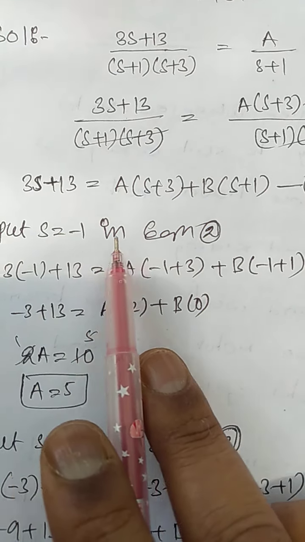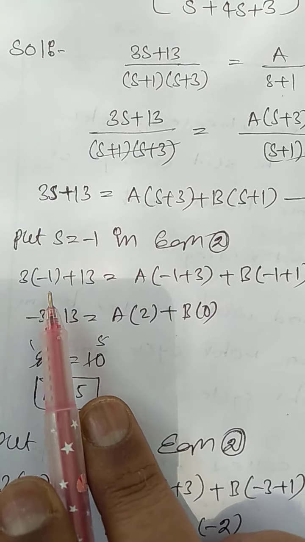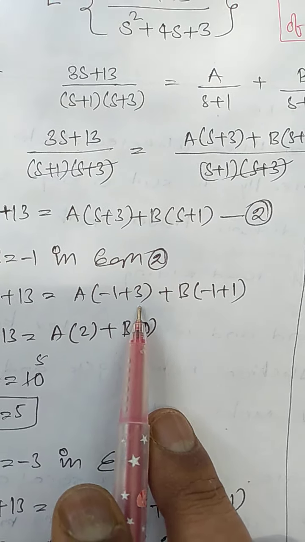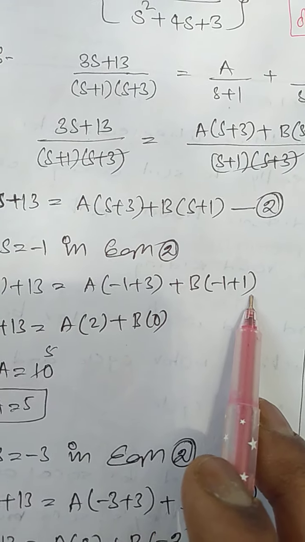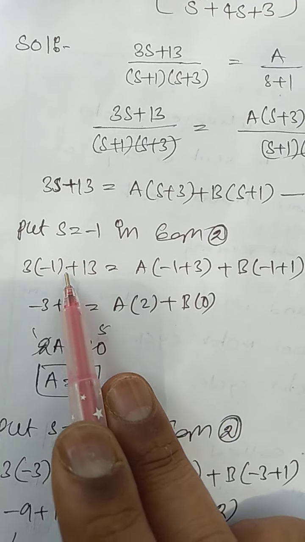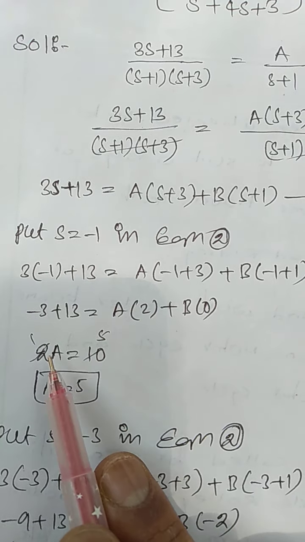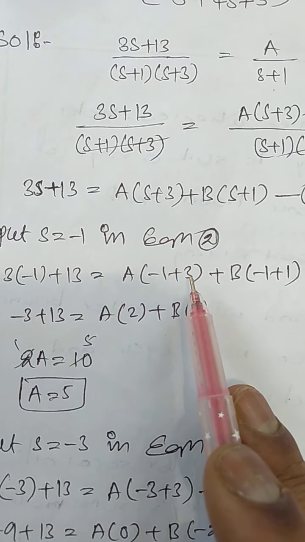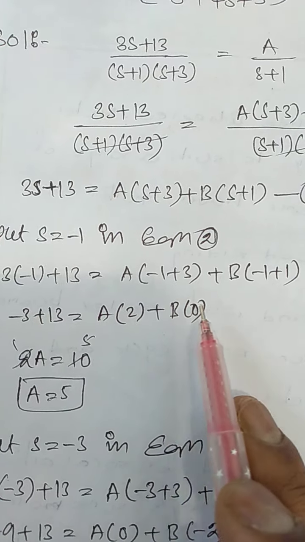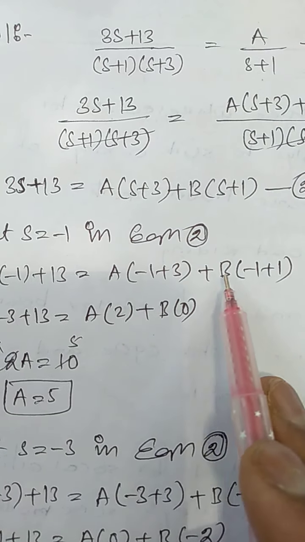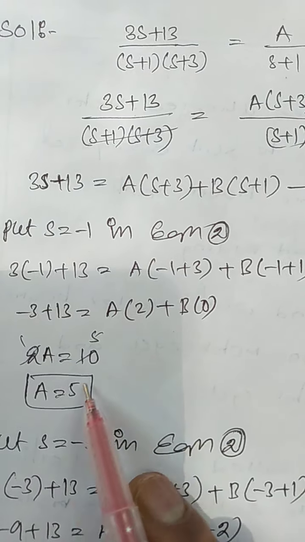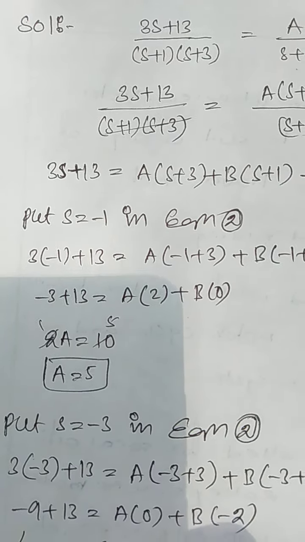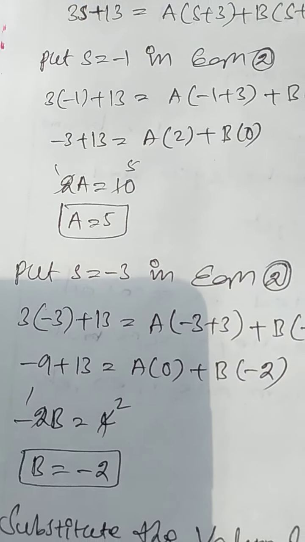Put s = -1 in equation 2, we get 3(-1) + 13 = A(-1 + 3) + B(-1 + 1). That is -3 + 13, which is 10. Then 3 - 1 is 2, so A into 2; -1 + 1 cancels, B into 0 is 0. So 2A = 10, then A = 10/2, we get A = 5.